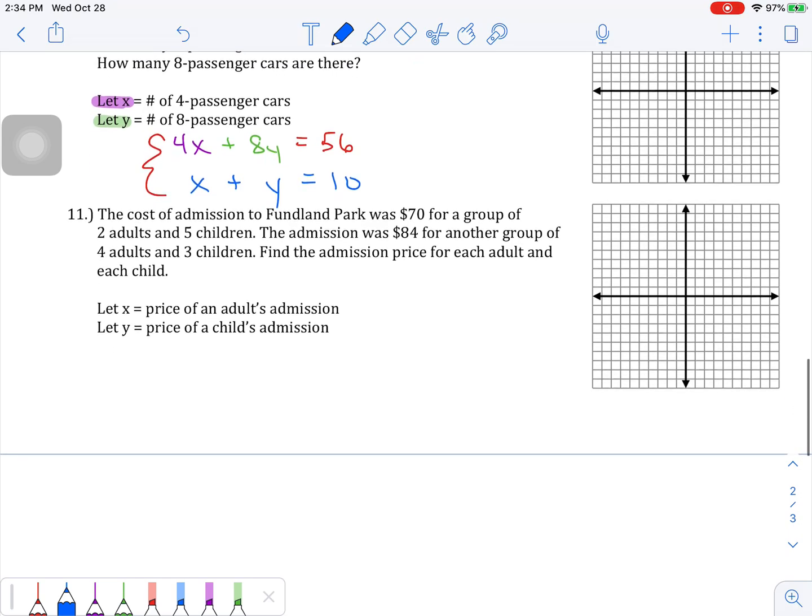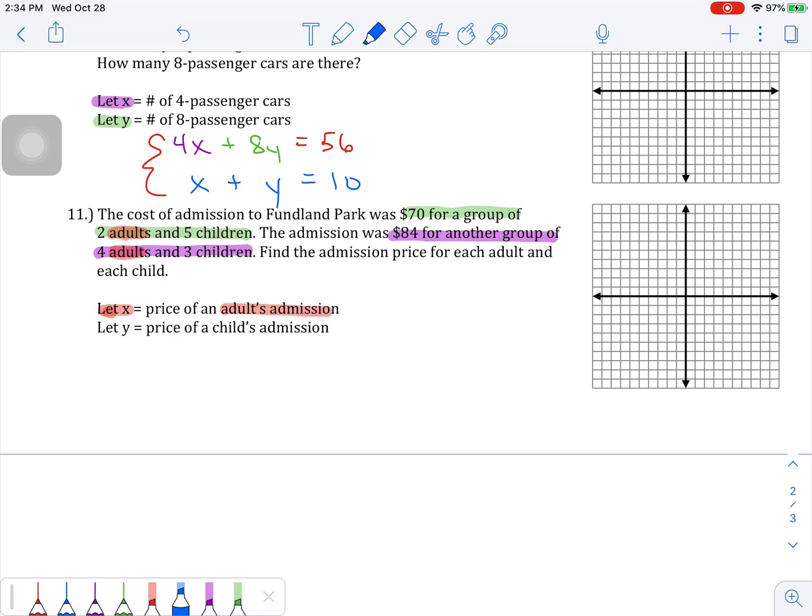Number 11 now, if we take a look at this one, it's a little bit different, but it says the cost of admission to Funland Park was $70 for a group of 2 adults and 5 children. That's like one receipt. The other admission was $84 for a group of 4 adults and 3 children. Since I'm being told to let x represent the adult admission, whenever I see adult, I'm going to use the letter x.